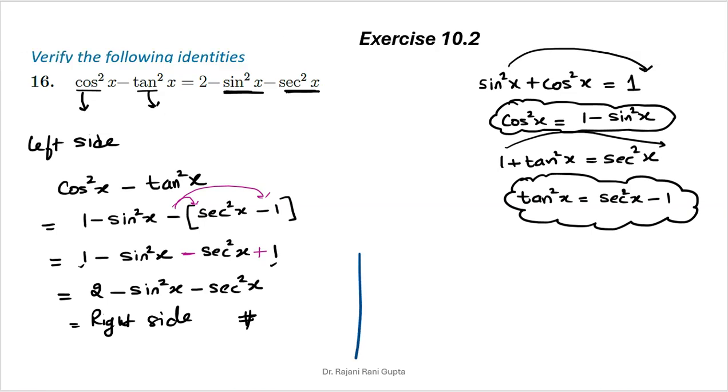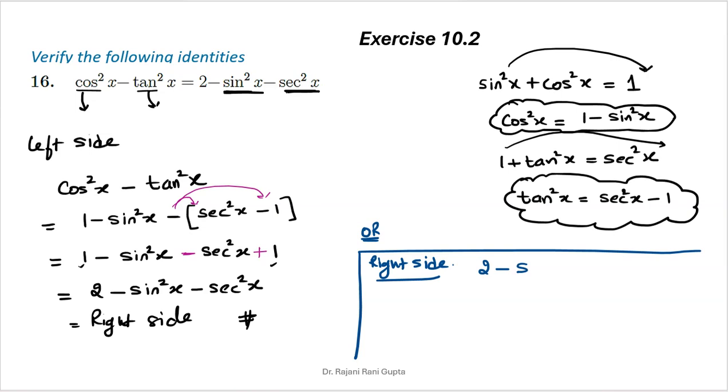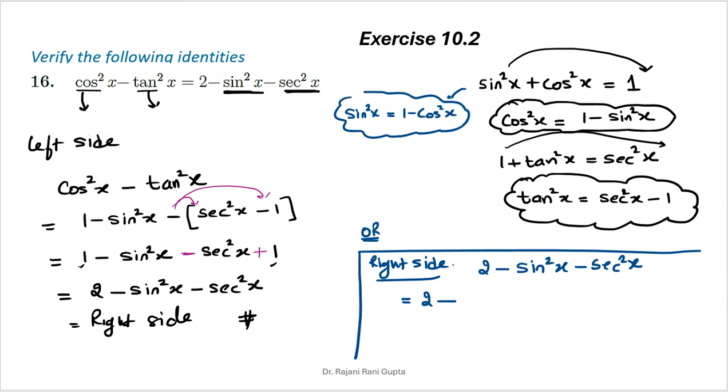Let's see. If you start with the right side, what you have is 2 minus sine square x minus secant square x. So this gives you 2 minus, and if I want the value of sine square x, what will it be? 1 minus cos square x, correct? Since it's minus, I'll write (1 minus cos square x) minus secant square x.